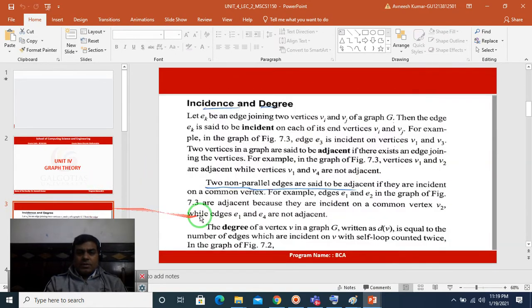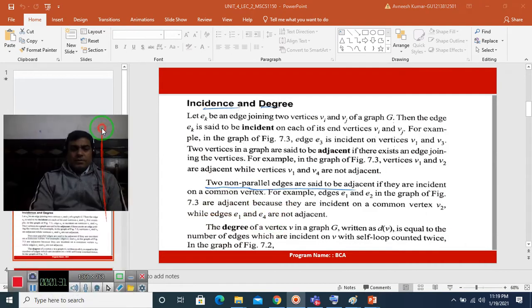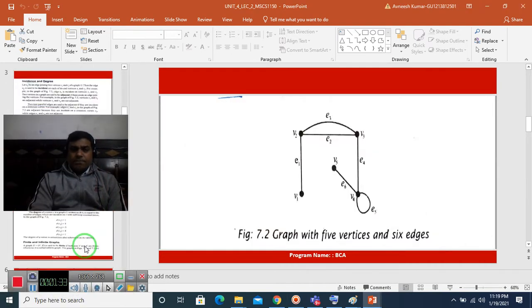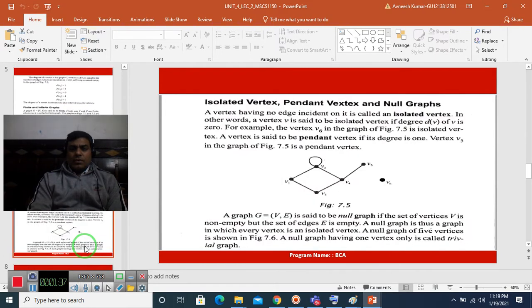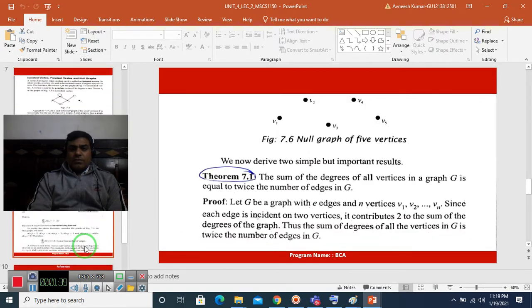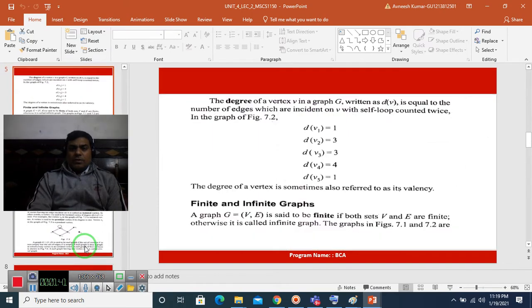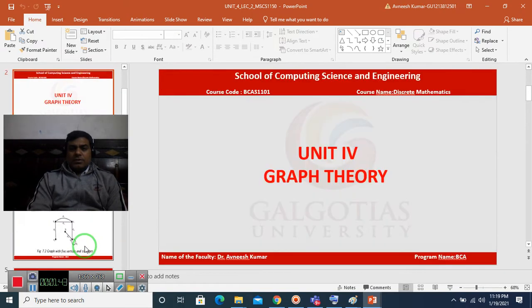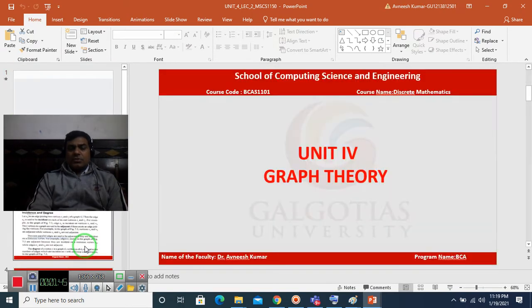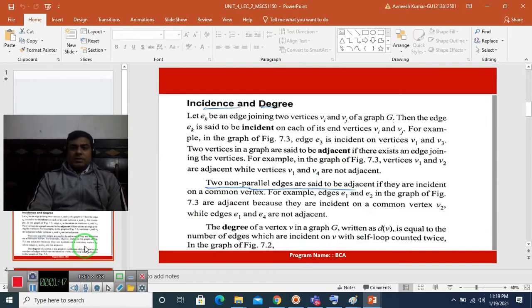Where is figure 7.3? Three pictures. I think it should be in the previous slide. 7.3: vertex b1 and b2 are adjacent edges, while b1 and b4 are not adjacent.